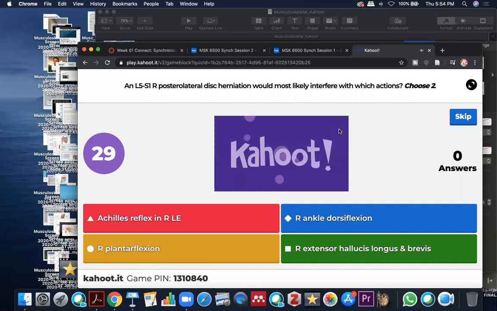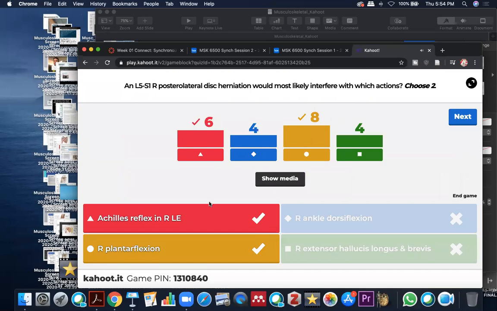An L5 to S1 right posterolateral disc herniation would most likely interfere with which two actions? Yeah, so it's the first two here.